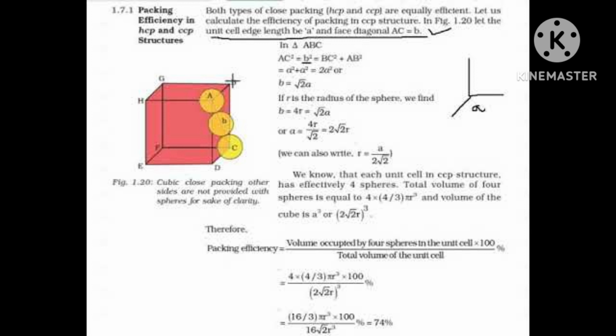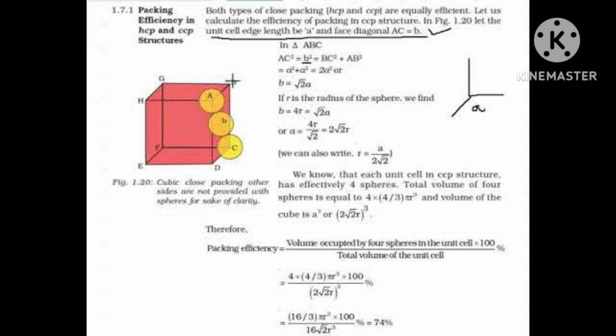And already I have told you that if R is the radius of the sphere, then the hypotenuse value is H equal to 4R. It means 4R is equal to root 2 into A. Now you can get both values.